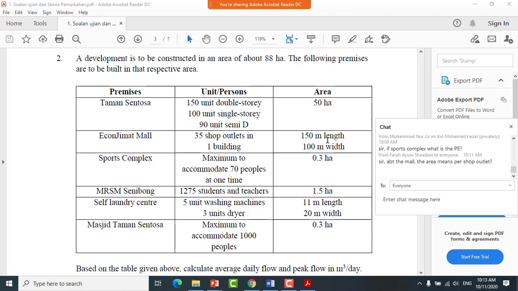This is all 150 meter times 100. This is the total area of the mall. Oh, you have got the total. Okay, we will see the answer together after a while, so don't worry. Just keep it.